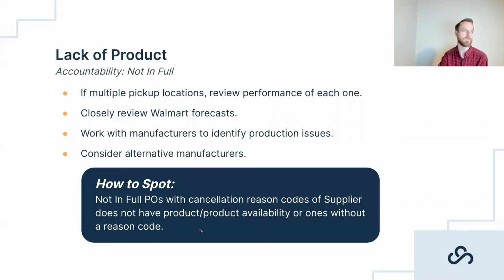So, things to look at to try to improve this. Number one, again, if you have multiple facilities that you're fulfilling orders out of, it can be helpful to understand what the in-full performance is from each facility, and even which items they're struggling to fill out of that particular facility.